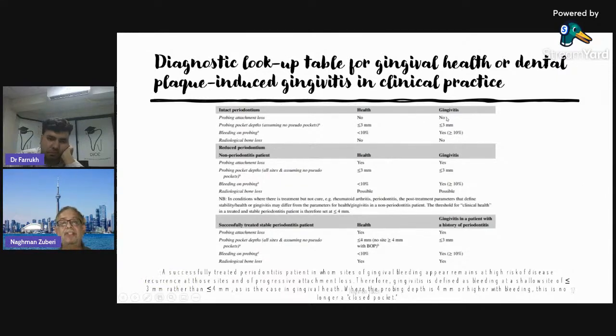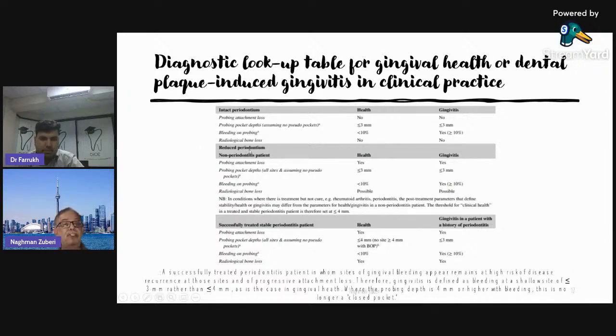Even if gingivitis is there, it will be up to or less than 3 millimeter. Bleeding upon probing in health, the sites will be less than 10%. In gingivitis, it could be 10% or more of sites having bleeding upon probing. Radiographically, health, no, and gingivitis, no, because it is intact periodontium.